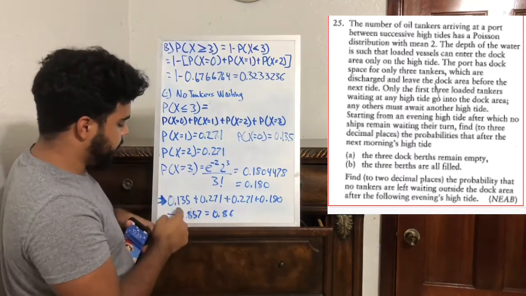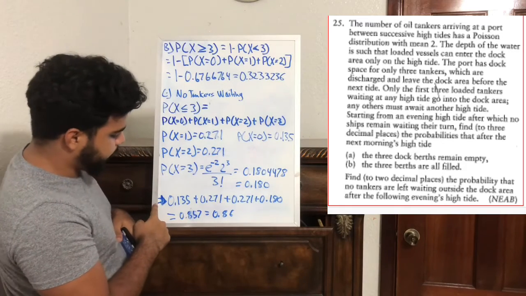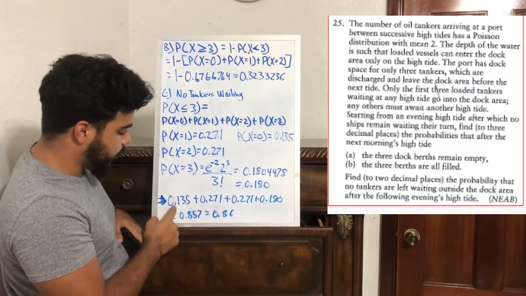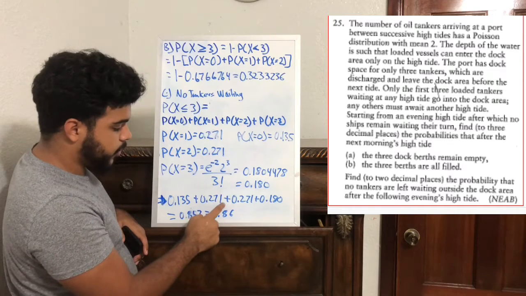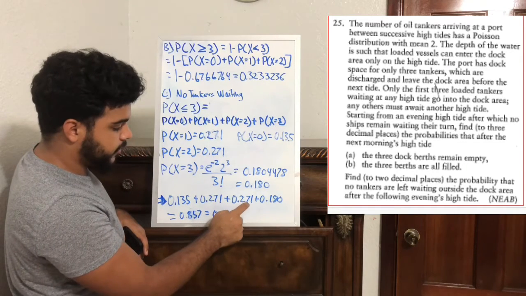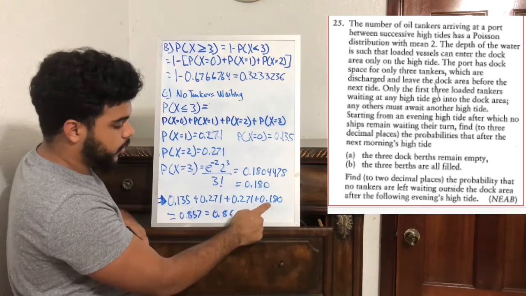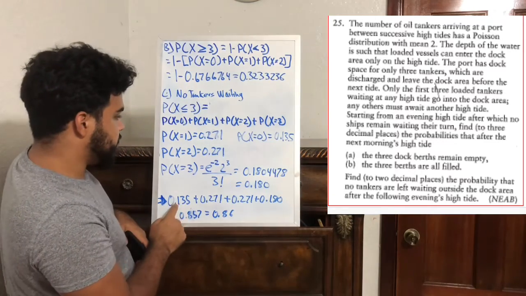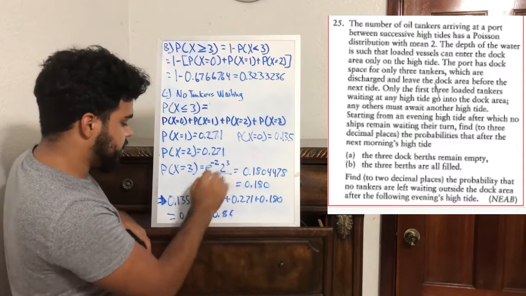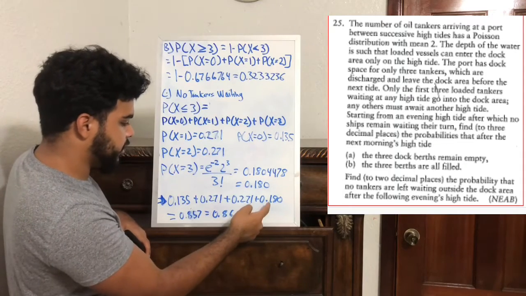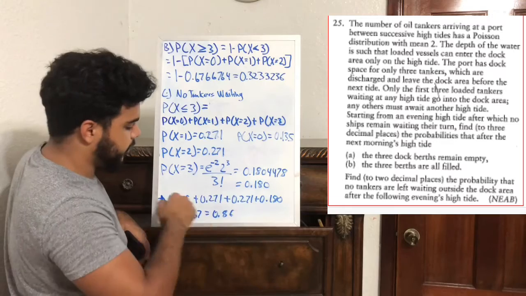So now we go here, which is 0.135 plus 0.271 plus 0.271 plus 0.180. So what is this? These are all the different cases, none waiting, of course.